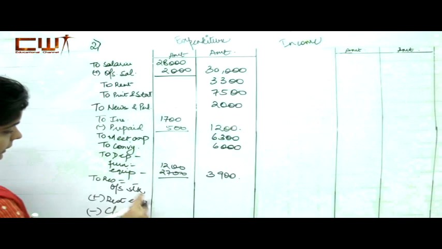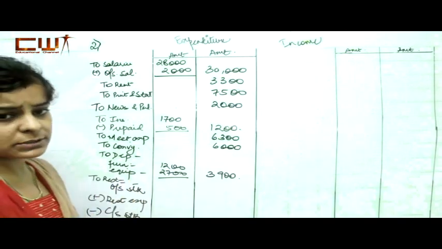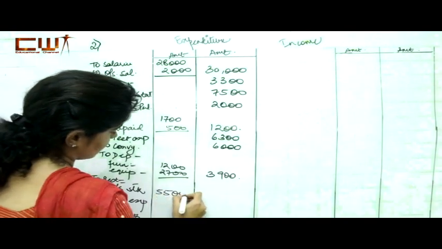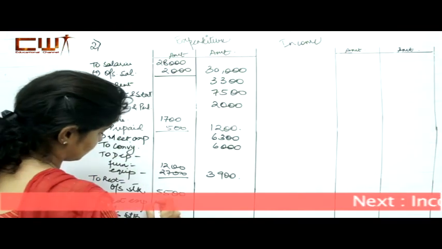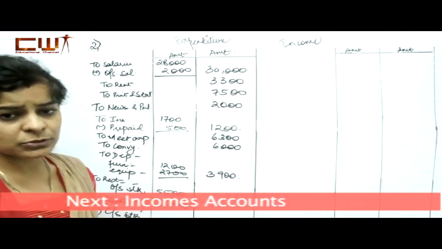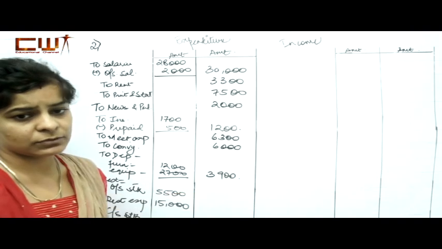So for restaurant, you write the opening stock. How much is the opening stock for the restaurant? 5,500, right? Then what are the expenses incurred? 15,000, right? So how much will that be? 20,500. 5,500 plus 15,000 is 20,500.